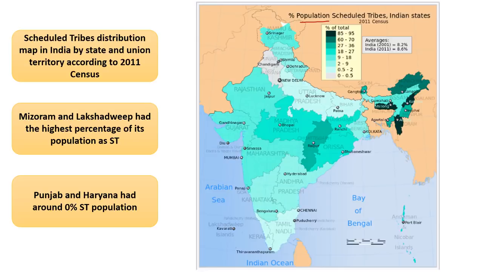Here you can see that Mizoram and Lakshadweep have the highest percentage of their population as scheduled tribes. However, Punjab and Haryana, which were at the top in scheduled caste population, have around 0% ST population. So we have to remember that Punjab and Haryana, though they have high scheduled caste population, do not have any scheduled tribe population.